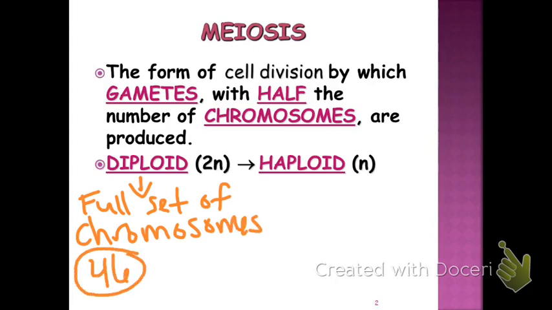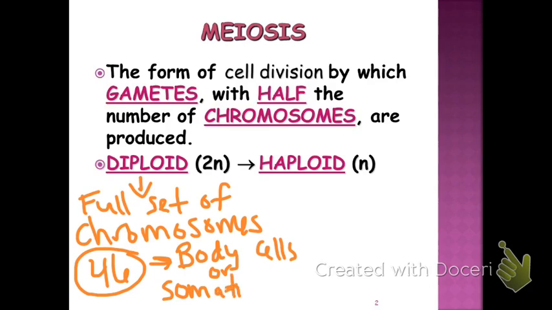So in humans, the magic number of chromosomes is 46 in a human cell, right? This is only going to be in body cells, or our fancy word for that is a somatic cell. So a body cell would be like your skin cell, muscle cell, stomach cell. All of those are body cells. All of those have 46 chromosomes. Okay, that's a full set.